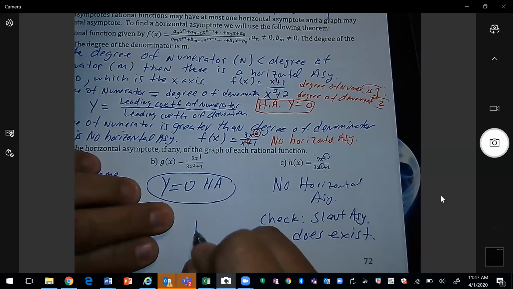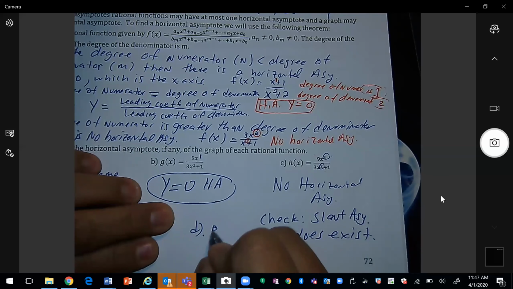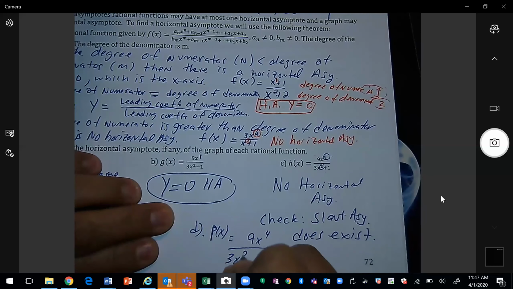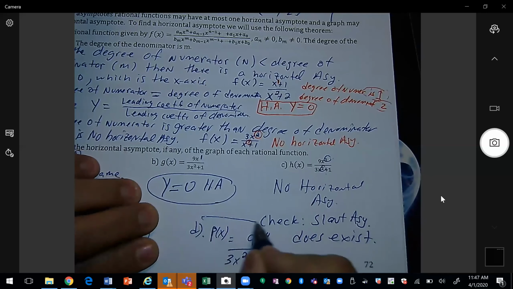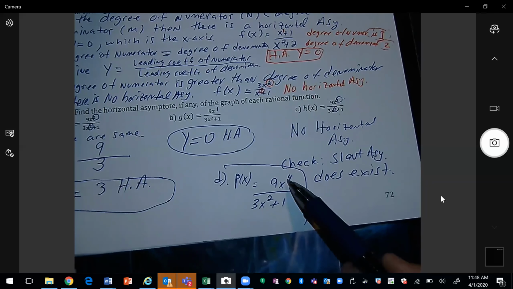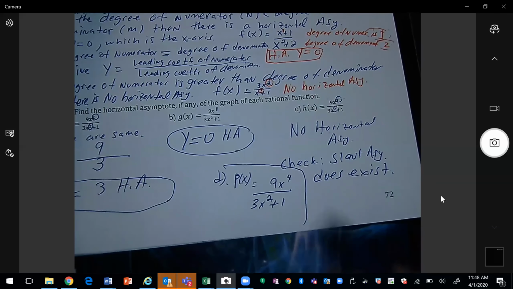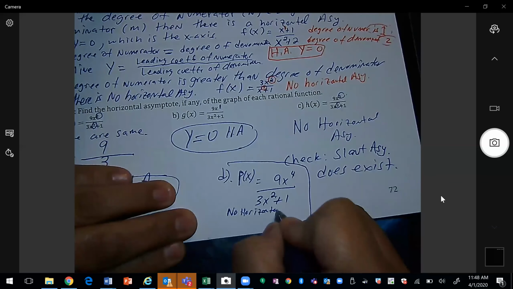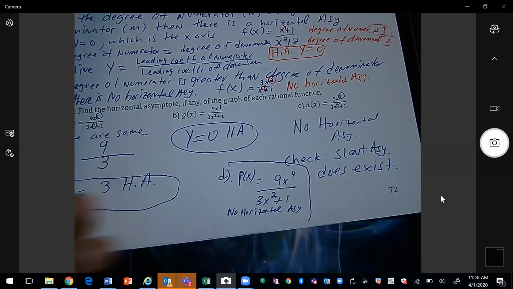If you had, for example, 9x to the 4th divided by 3x squared plus 1, so this is a separate example, then since this is bigger than this one, for sure there's no horizontal asymptote, because that's condition number 3.